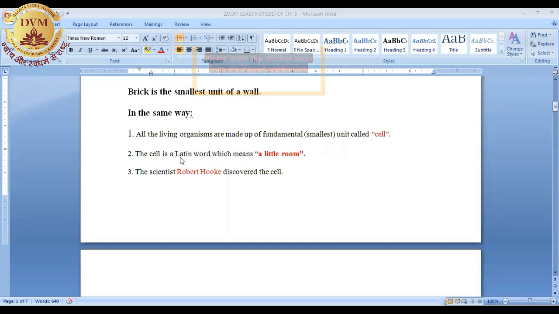The cell is a Latin word which means a little room. Now the next question arises in your mind: why have we given the name cell to this structure? Because cell is a Latin word used by Robert Hooke, which means a little room, or a compartment, a box-like structure.